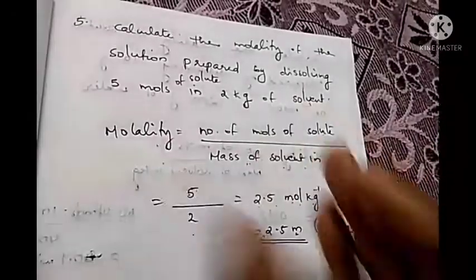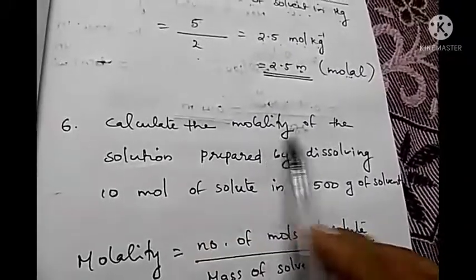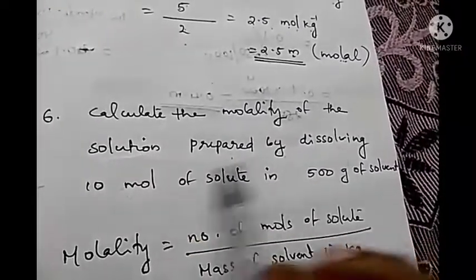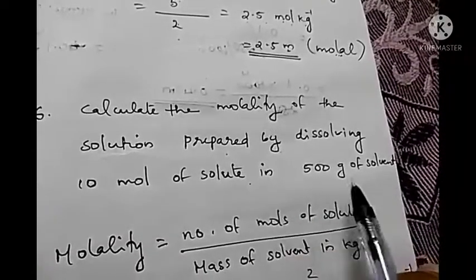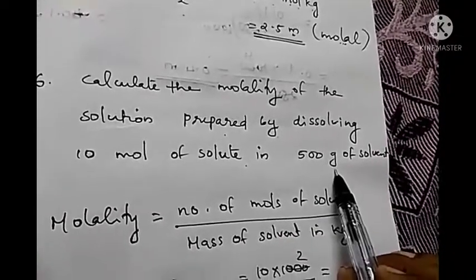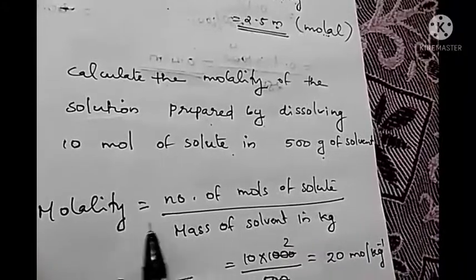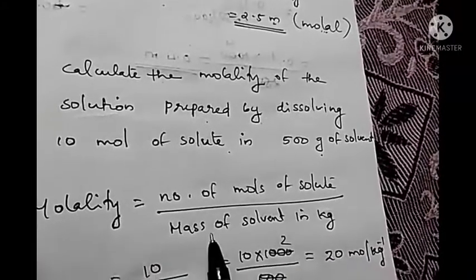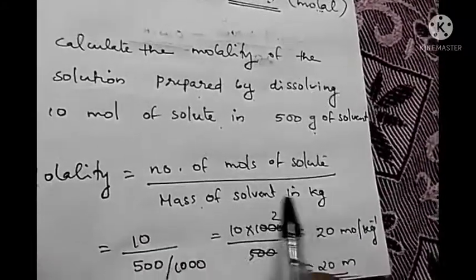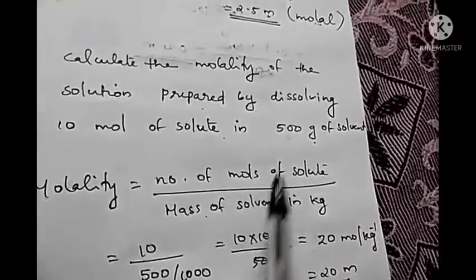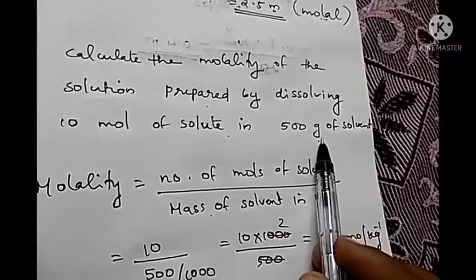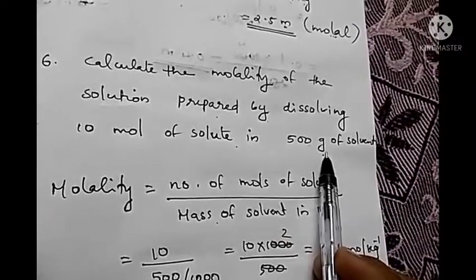So this is a simple question. Direct substitution is there. It's very easy. Okay. Now the next question is the 6th one. Calculate the molality of the solution prepared by dissolving 10 mole of solute in 500 gram of solvent. Again the formula is the same: number of moles of solute divided by mass of solvent in kilogram. The number of moles of solute given here is 10 mole. So 10 divided by, here the mass is given in grams, so we have to convert it into kilogram.